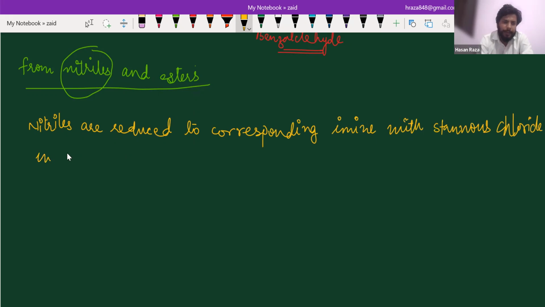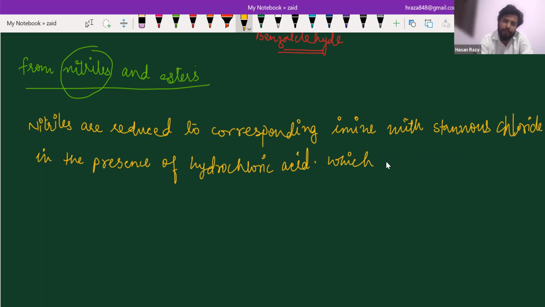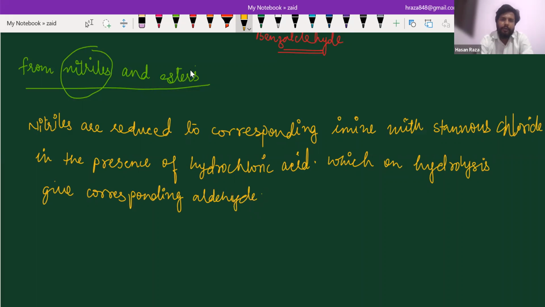Which on hydrolysis gives the corresponding aldehyde.